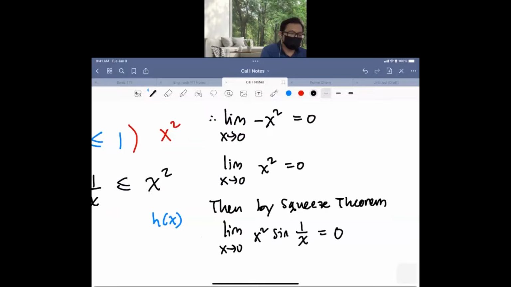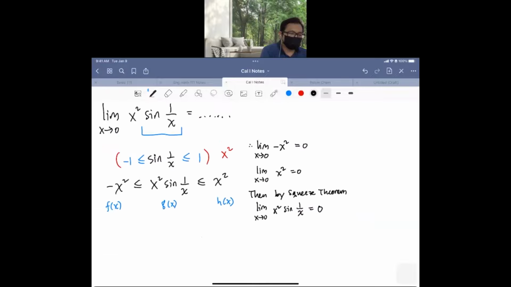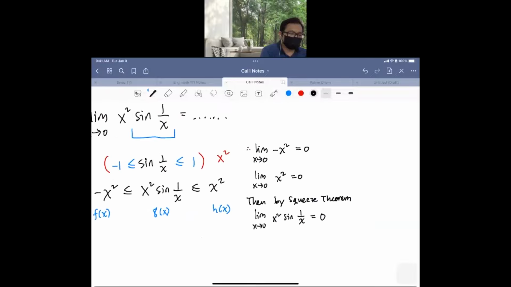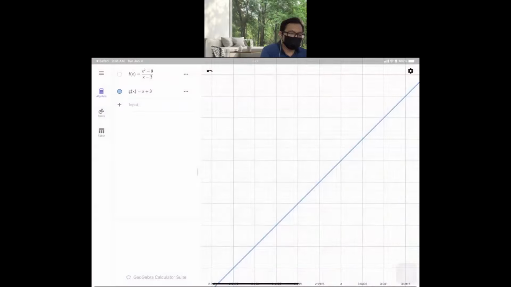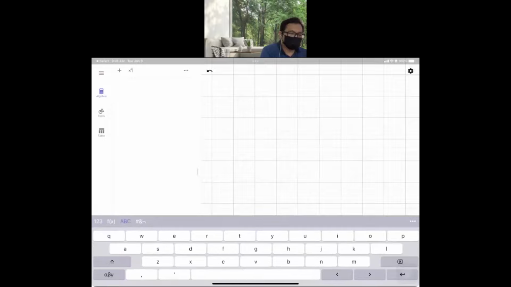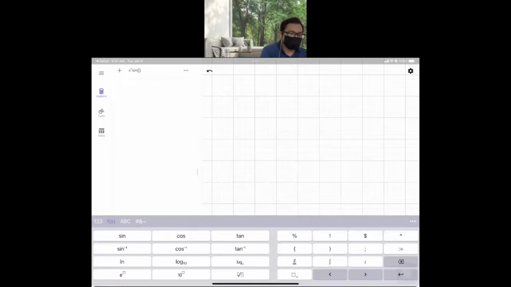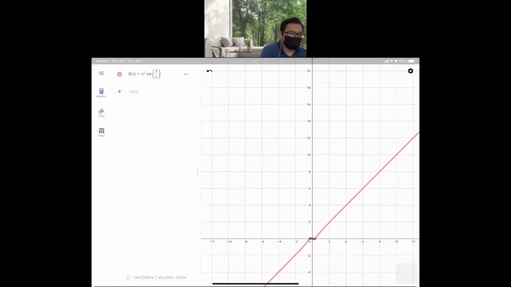But what is really going on with this function? If you want to confirm our theorem with our graphs, I think we can take the graphs. Okay, let's delete. One over x.